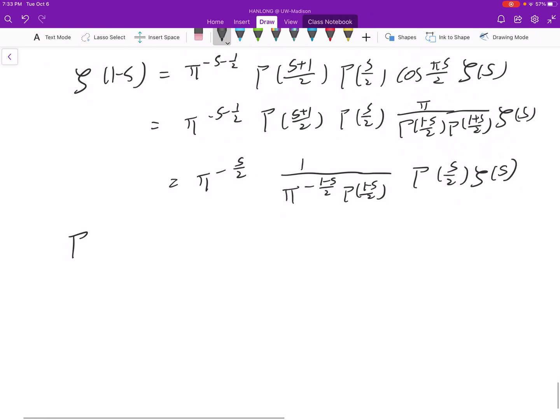And you move the denominator to the other side, and you have a pretty symmetric form of the functional equation.